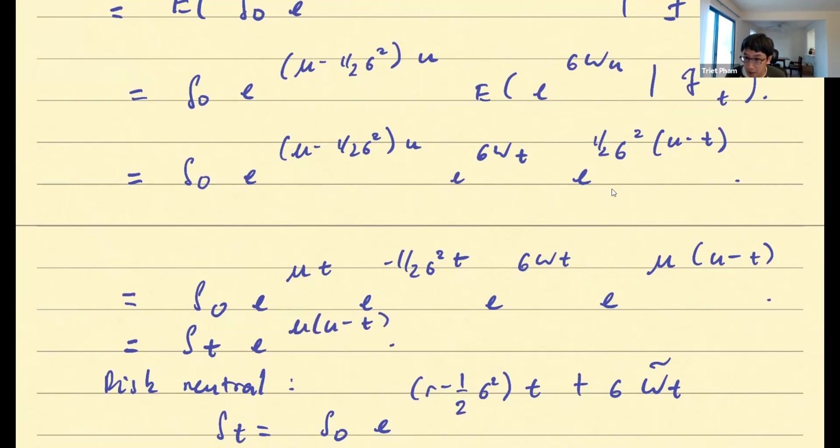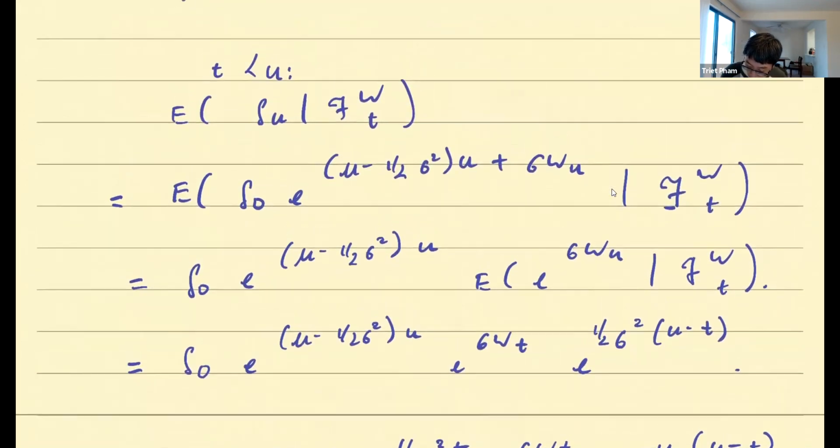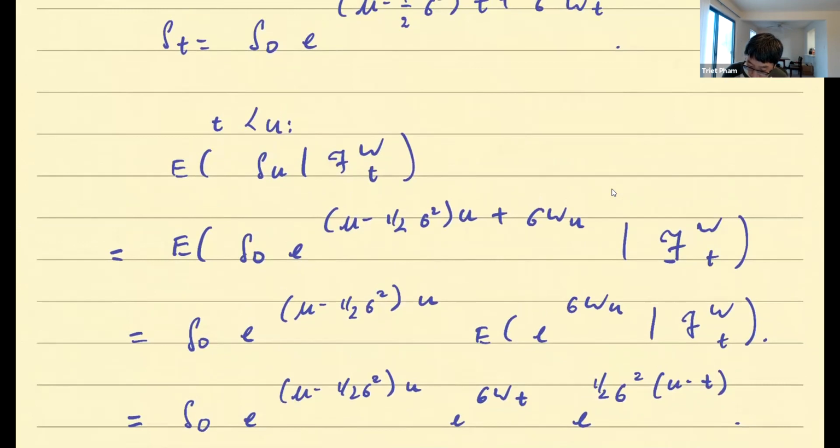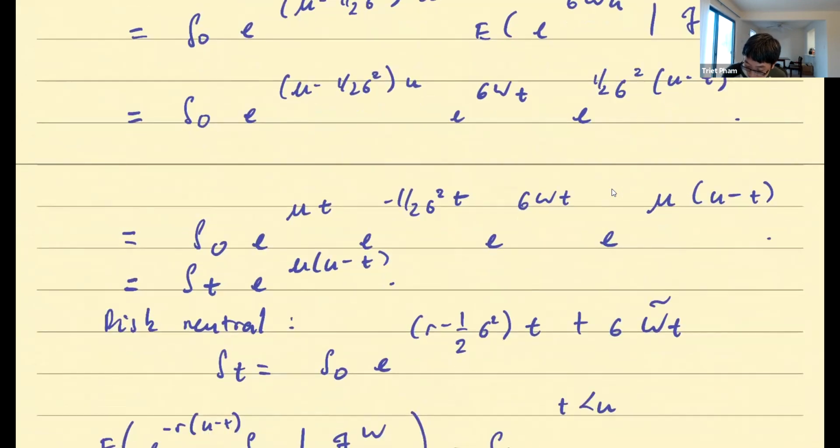The reason is this. Again, what am I doing? I look at the future stock price based on the current information. What it should tell me is that it's going to be the current stock price times the rate of return, exactly the movement of return that I get during that time interval.